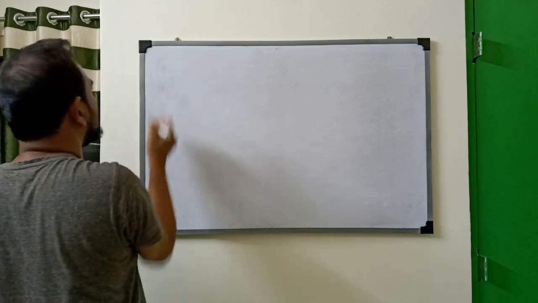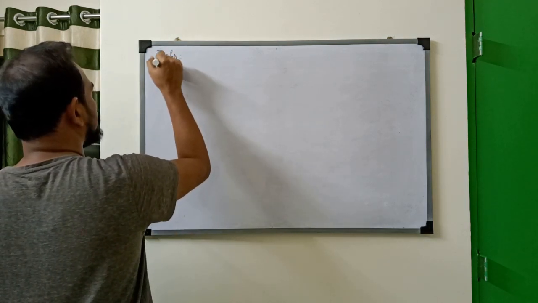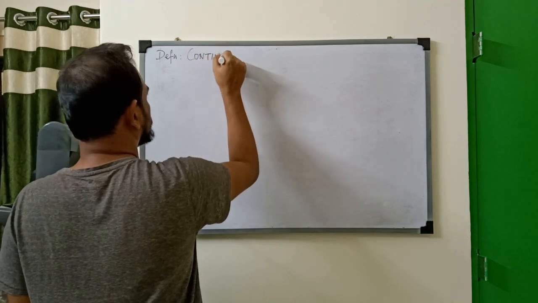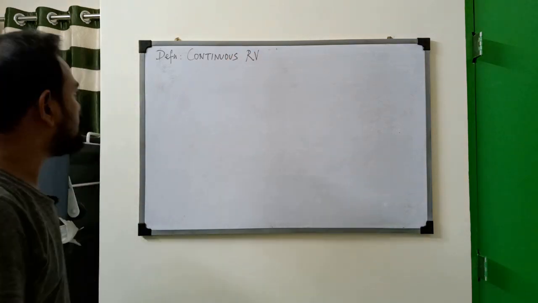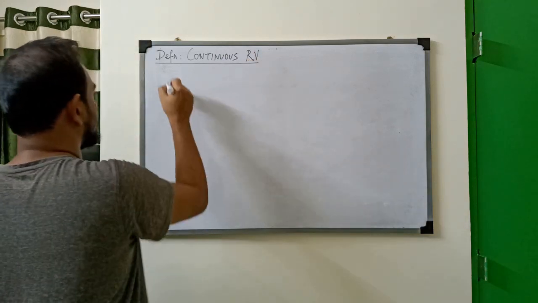So let me write down the definition of a continuous RV, for random variable. So here it is.